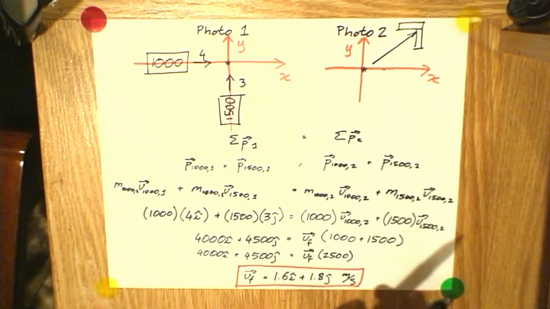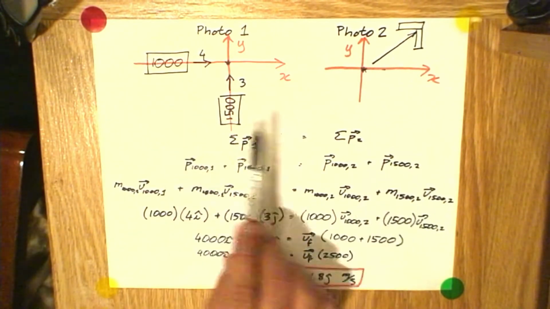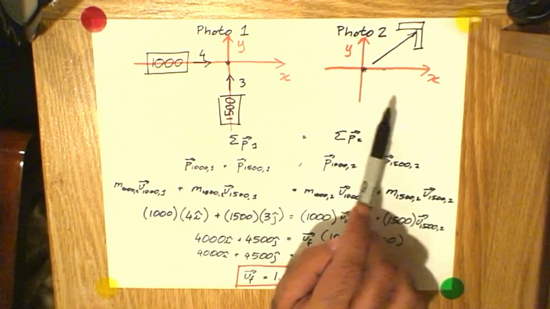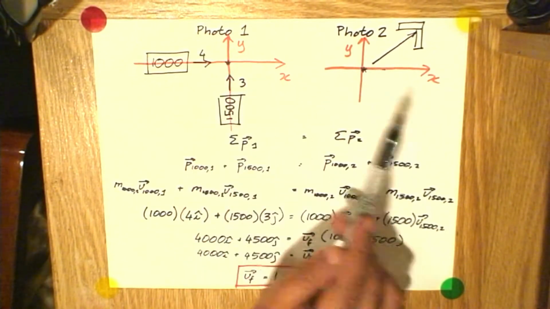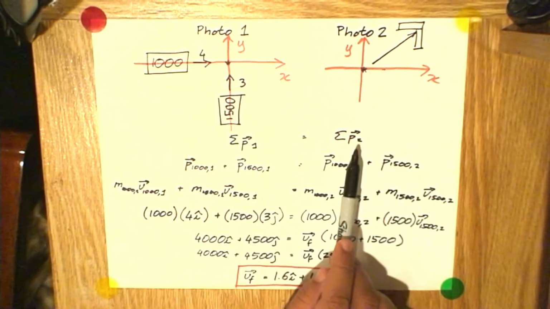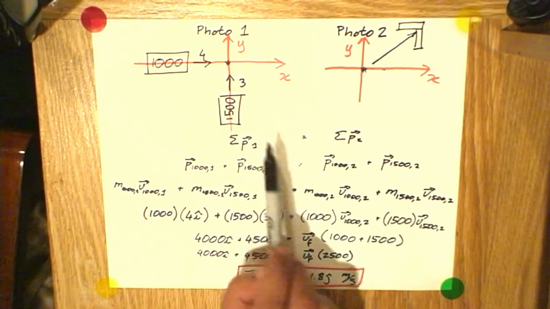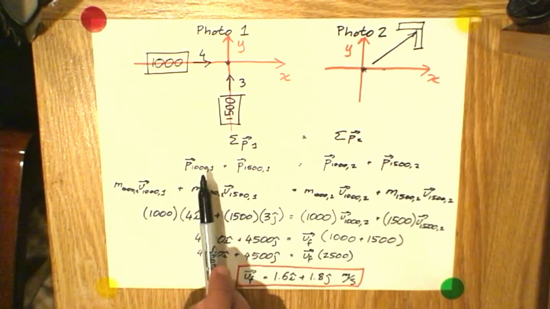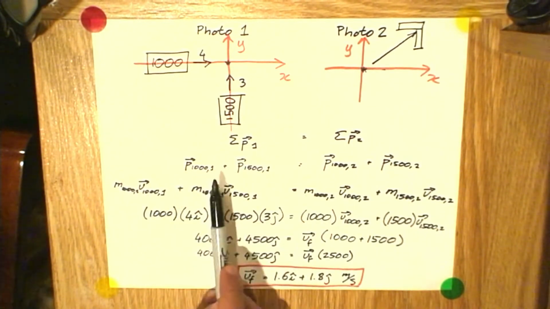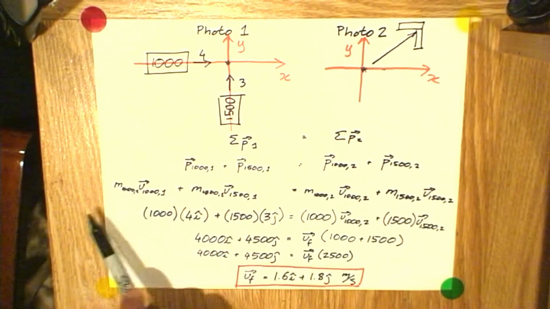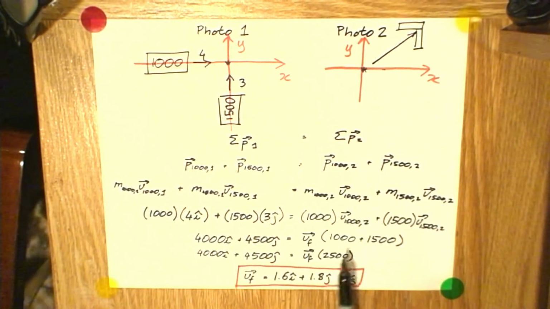The process that we have used for this two-dimensional collision is identical to what we did for the one-dimensional collision. We drew our two photos, we set our axes, we used conservation of momentum, expanded it out for each car, expanded that out further by using the definition of momentum, mass times velocity, substituted in everything we know, and then simplified.